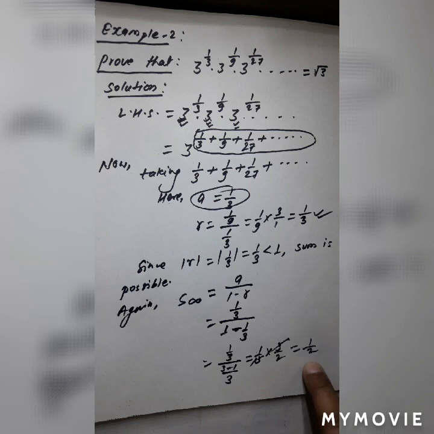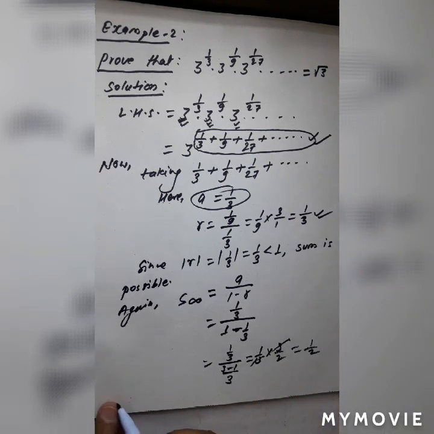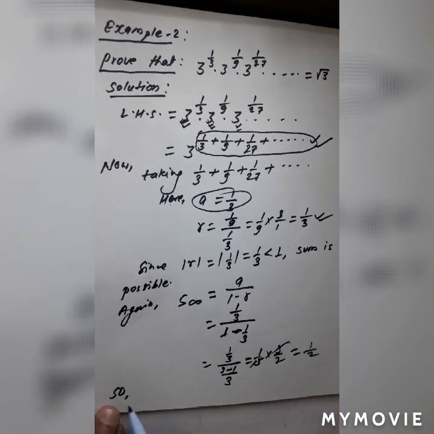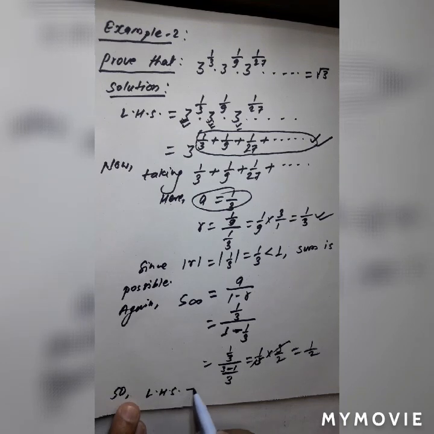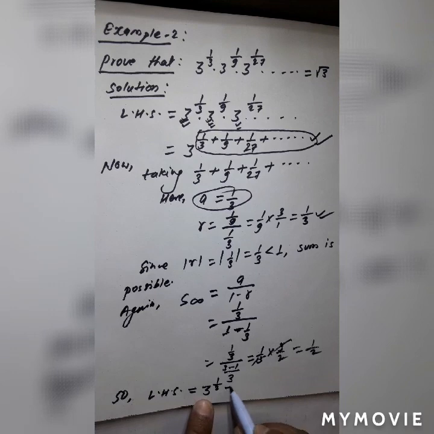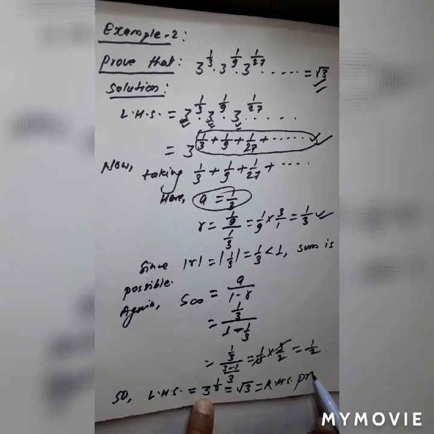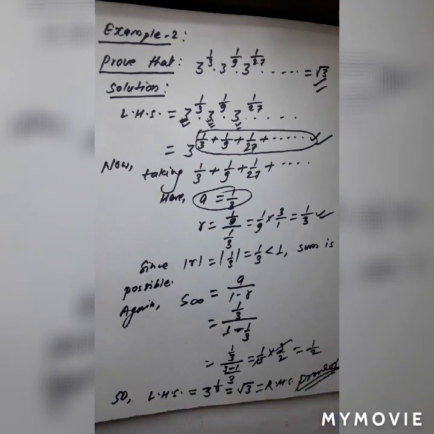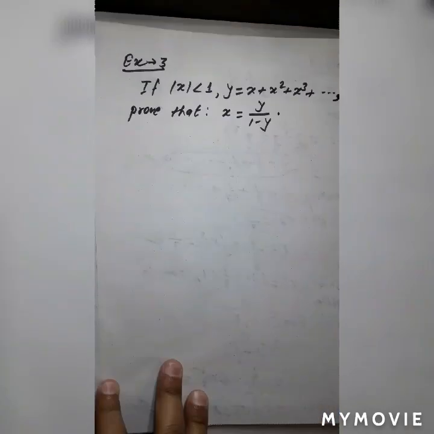Here this 1 by 2 is in the power, so LHS equals 3 power 1 by 2, which is root under 3, and that is what we had to prove, the right hand side. In this way we can prove this very important question.